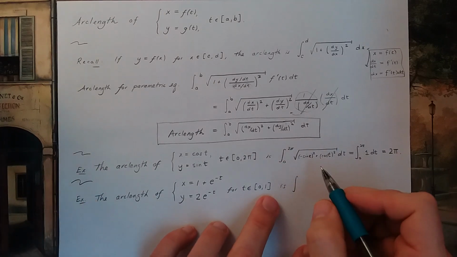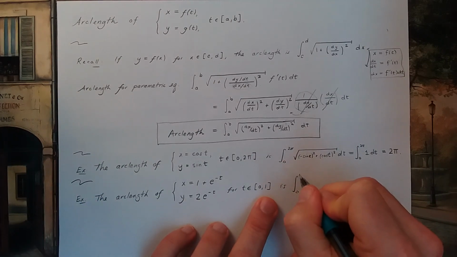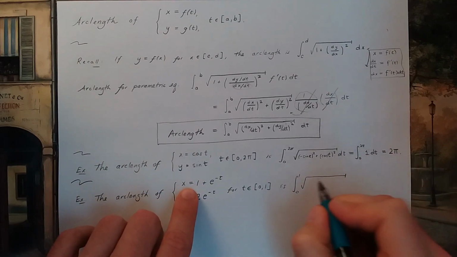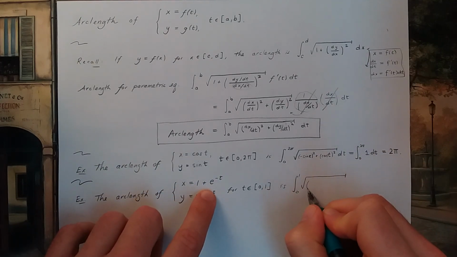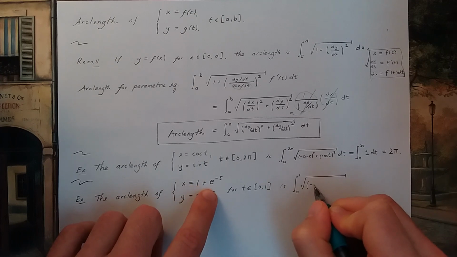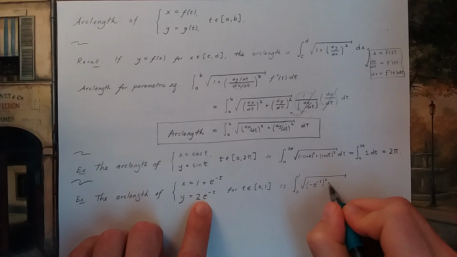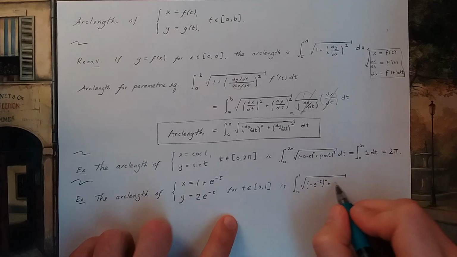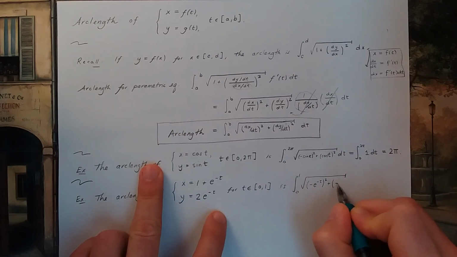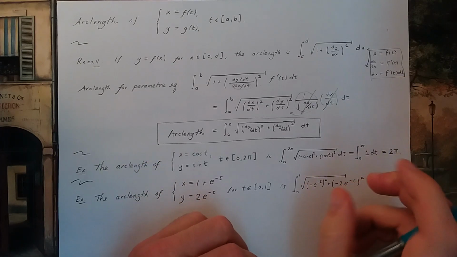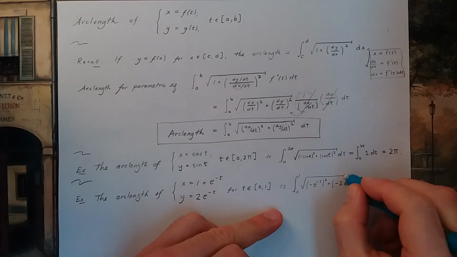Okay, well this is simply the integral from 0 to 1 of the square root of the derivative of x squared. The derivative of x is negative e to the negative t, so that's squared, plus the derivative of y squared, so that would be negative 2e to the negative t, squared, and I integrate this.